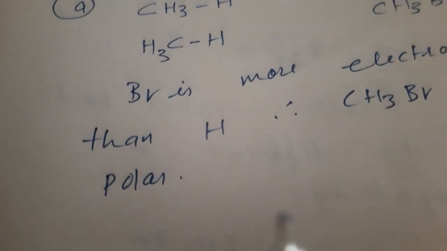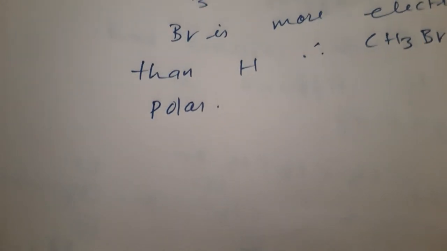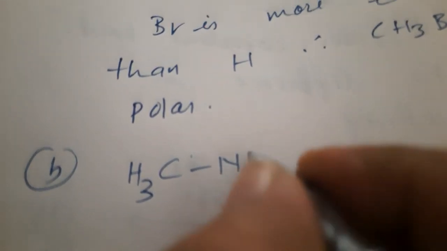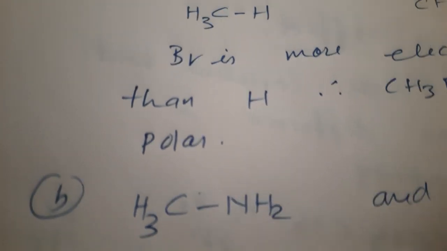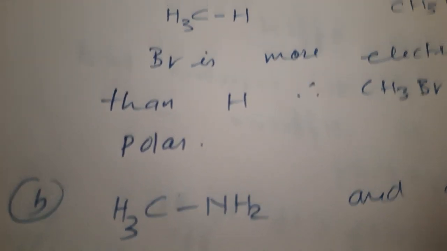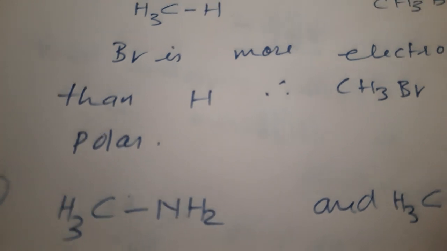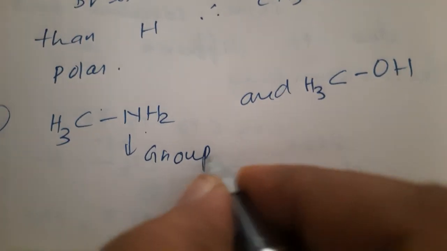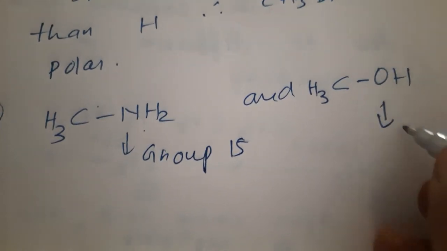The second question is CH3NH2 and CH3OH. In this question, N belongs to group 15 and O belongs to group 16.